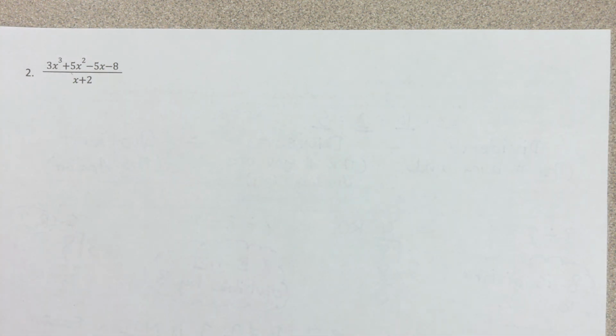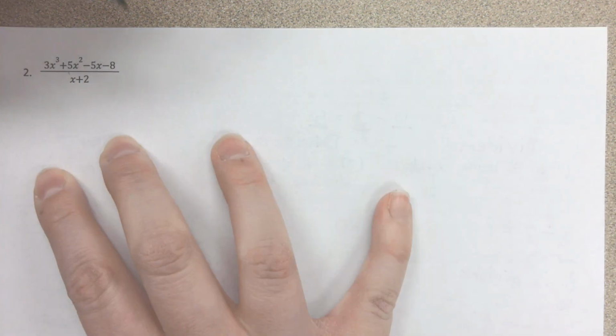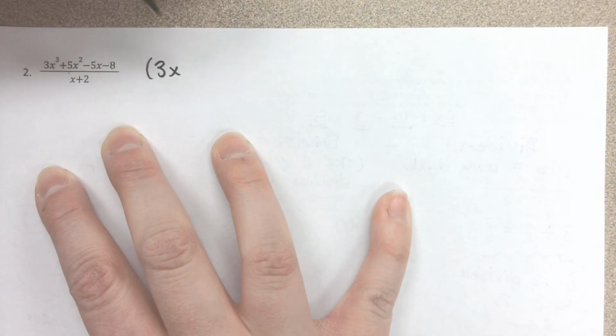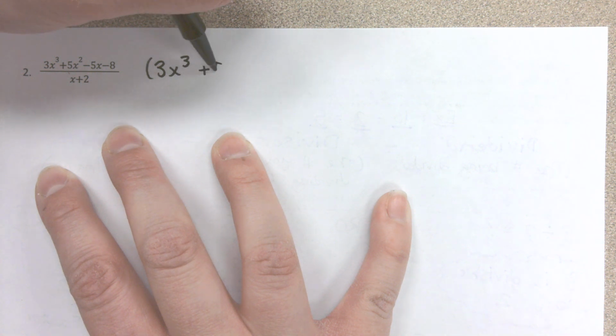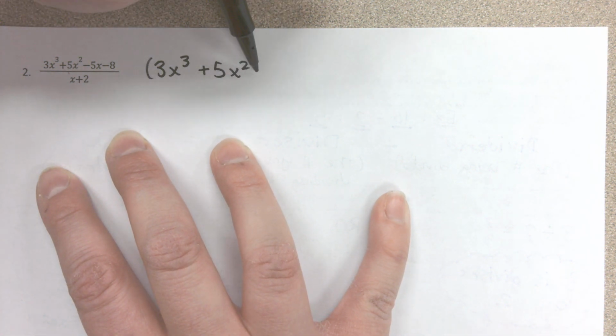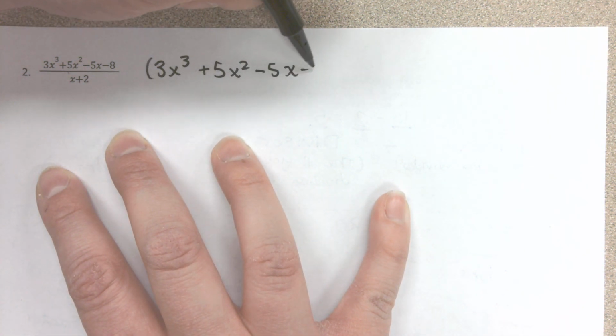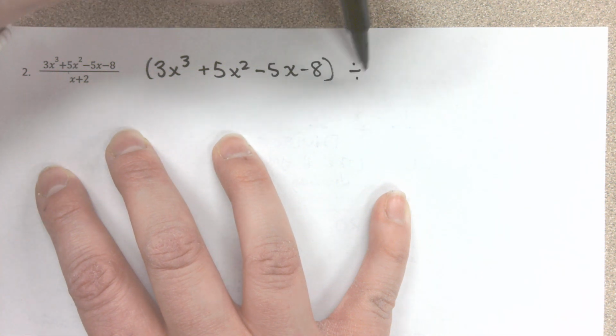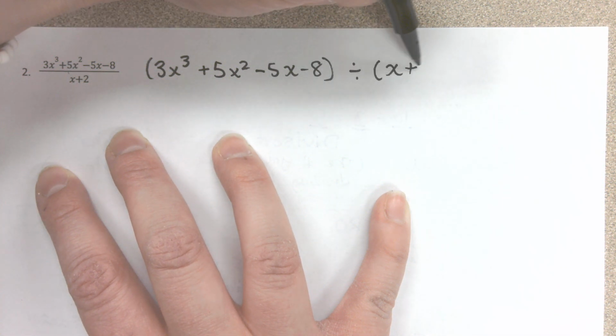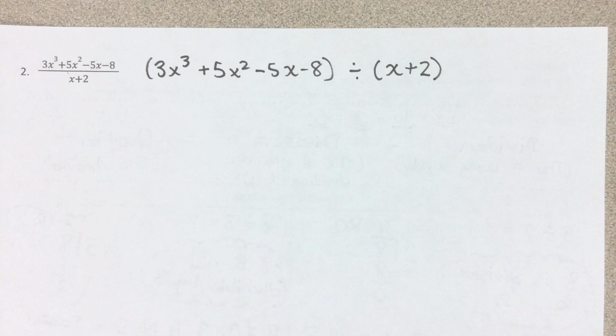Reminder, fractions are still division. 8 over 4 is still 8 divided by 4. They're the same thing. So I'm going to write this out as the normal division problem. We have 3x cubed plus 5x squared minus 5x minus 8 divided by x plus 2.